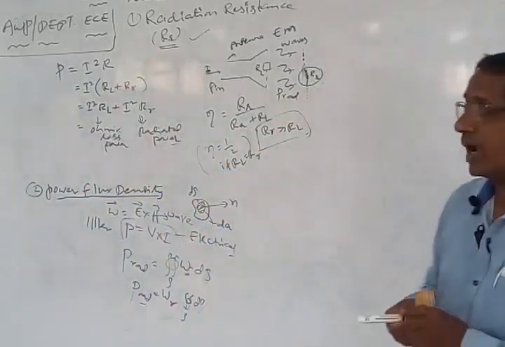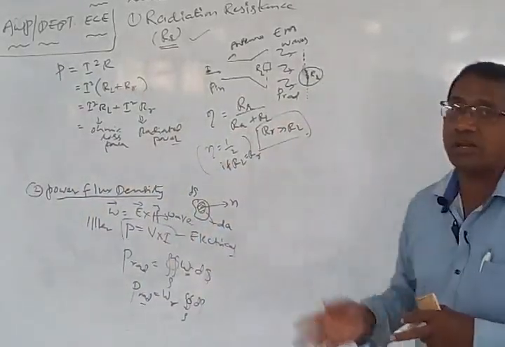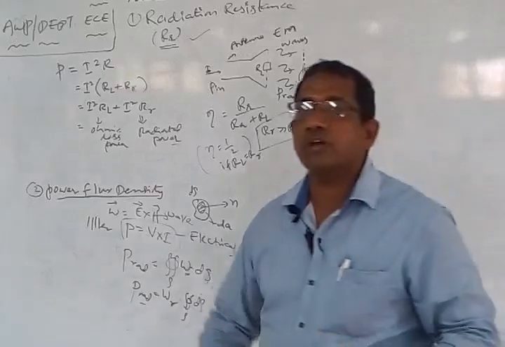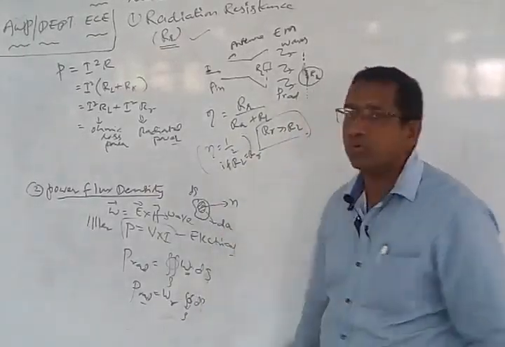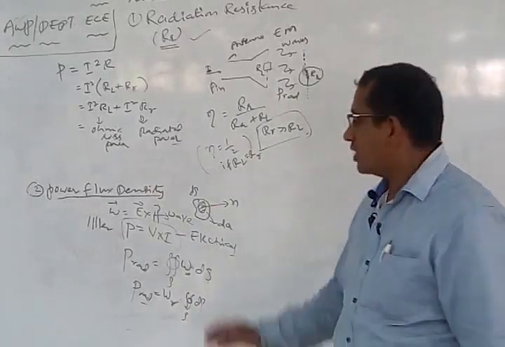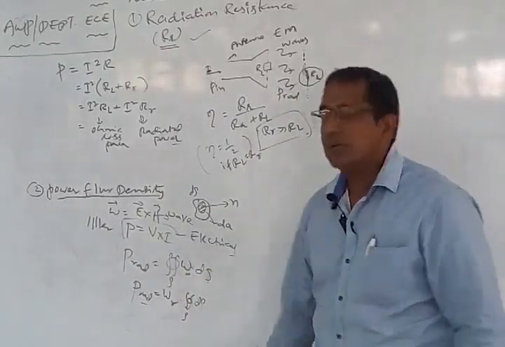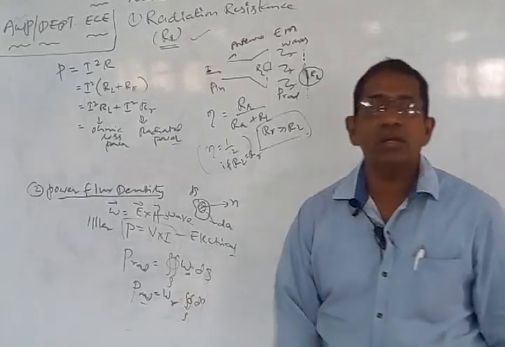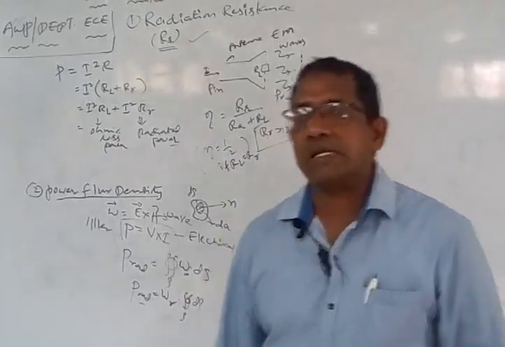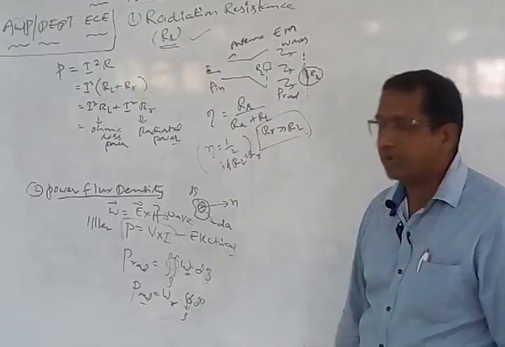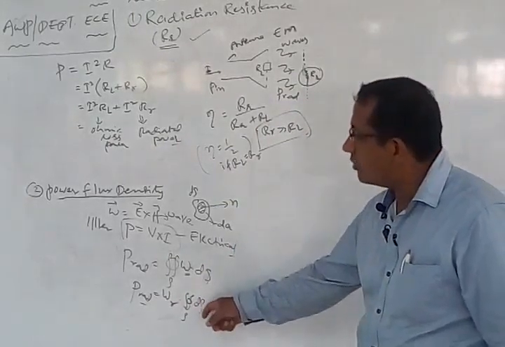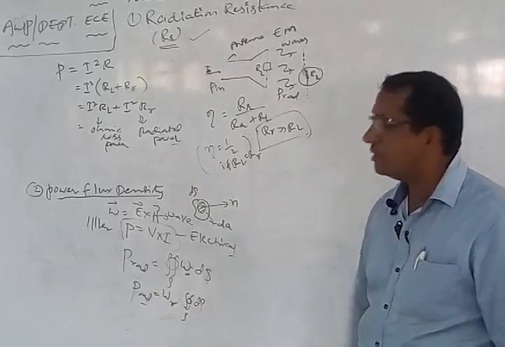So for an isotropic antenna, we have taken this entire surface area to be equal to 4 pi r square. For the isotropic antenna, in the previous class, we found the expression for the intensity of radiation, and we already computed that expression.